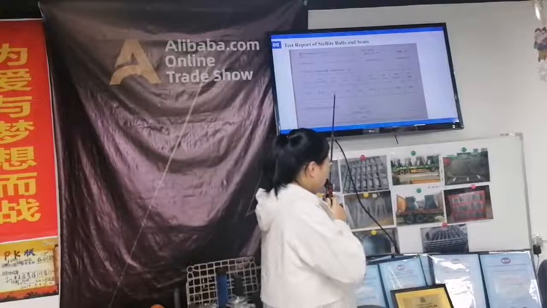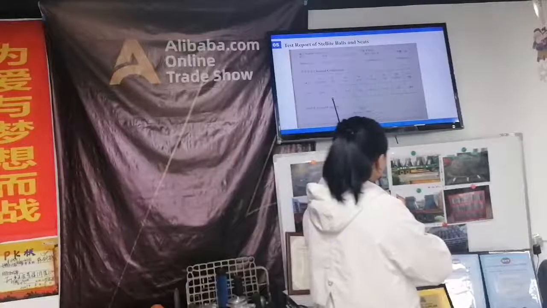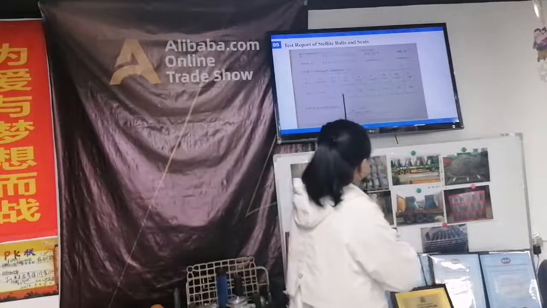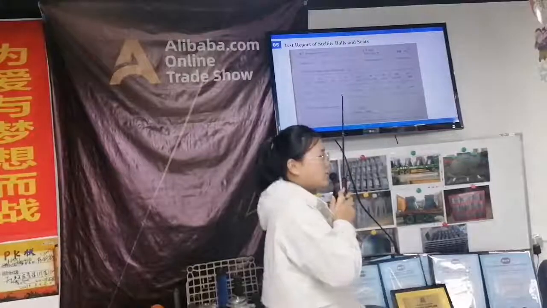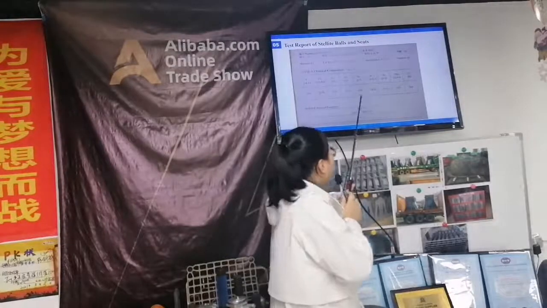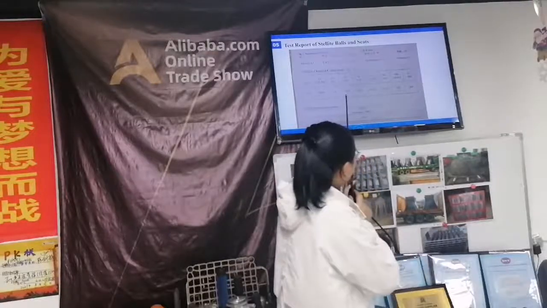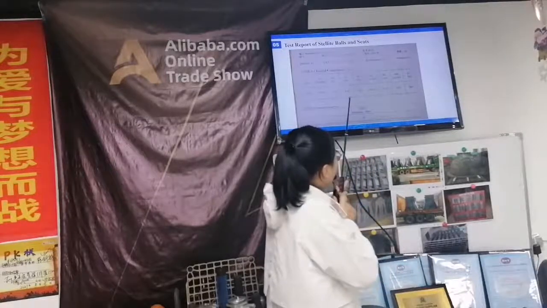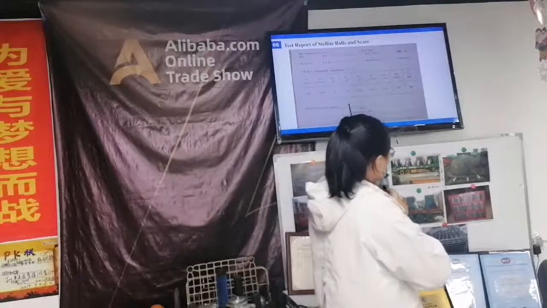The actual is 1.7. For nickel, the range is less than 3.0. The actual is 1.95.